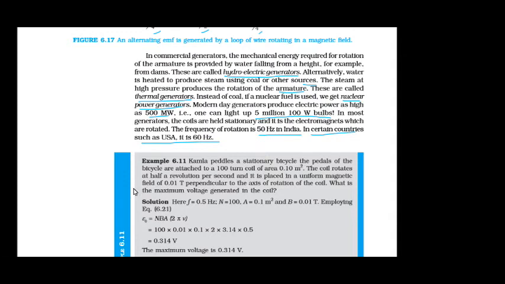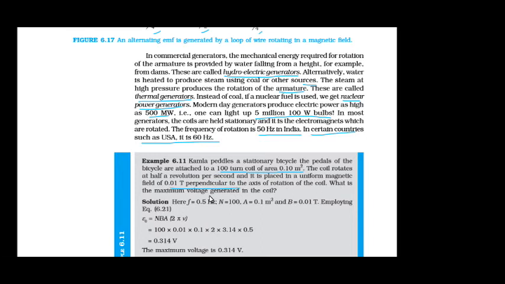Now let us solve one of the examples. Kamla pedals a stationary bicycle. The pedals of the bicycle are attached to a 100 turn coil of area 0.1 meter square. The coil rotates at half a revolution per second and is placed in a uniform magnetic field of 0.01 Tesla perpendicular to the axis of rotation of the coil.